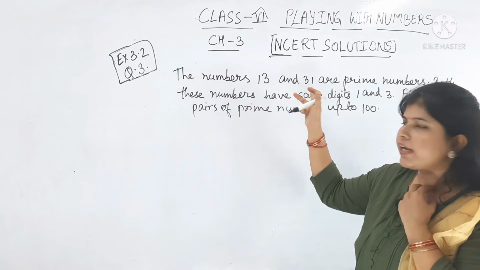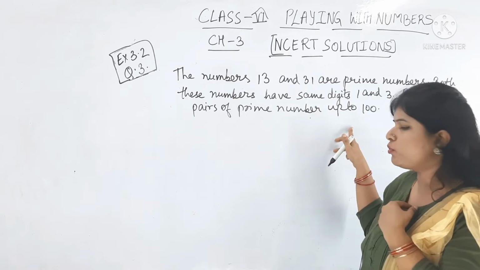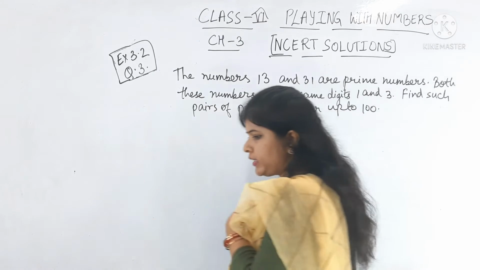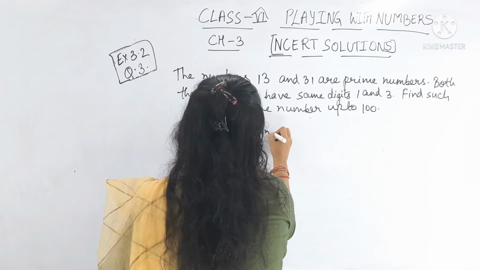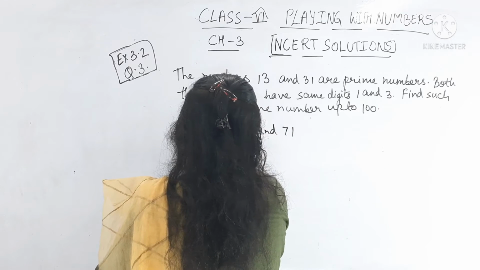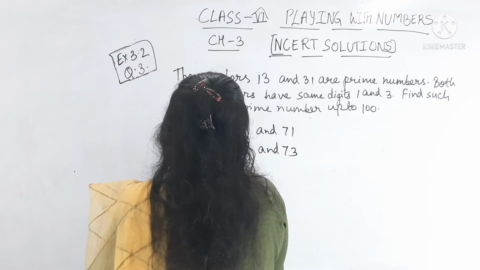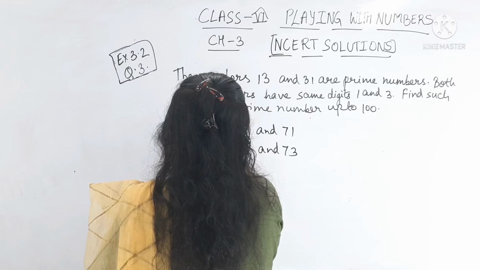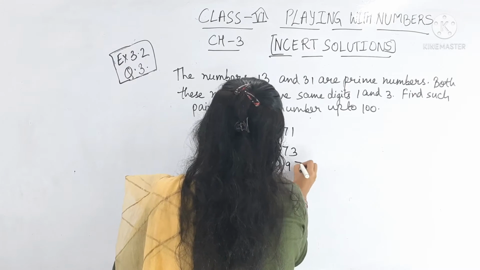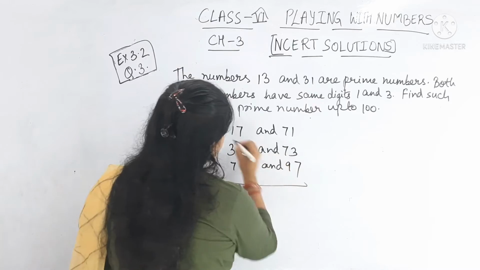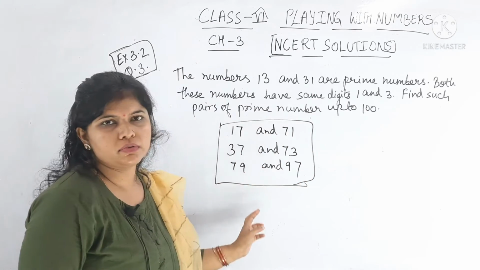So we have to find such pairs of prime numbers up to 100 which have the same digits, like 17 and 71, 37 and 73, 79 and 97. So these are the pairs of prime numbers up to 100.